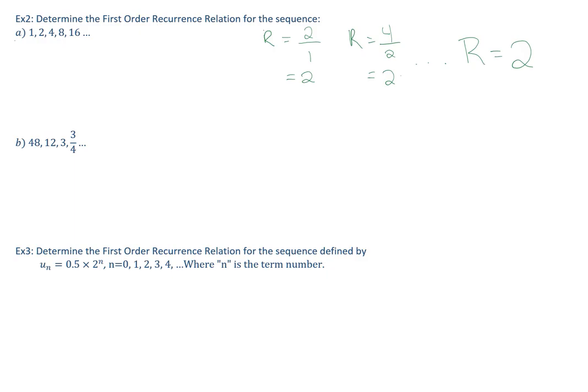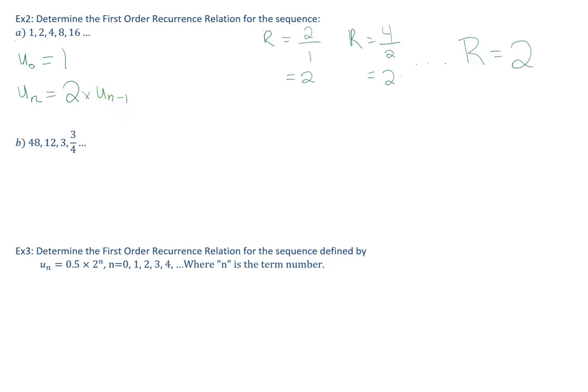It won't necessarily be this easy. It could be something like a fraction, like 3/4. So you may need to actually go through that process of doing that division. So I get that my common ratio is 2. My initial term is 1, and to get the current term, I do 2 times the previous term.